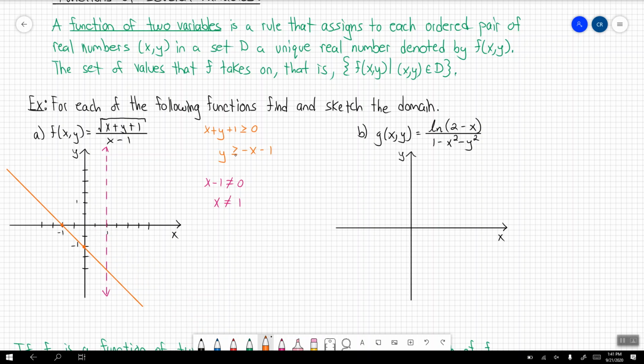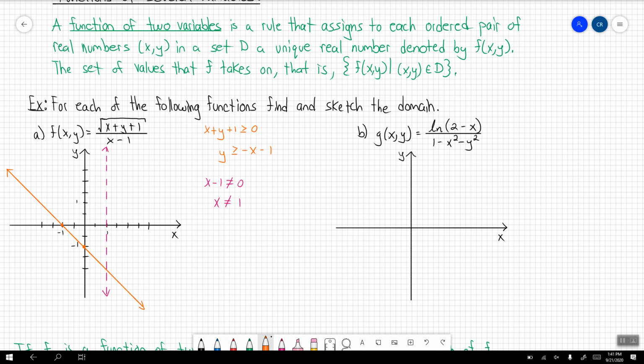If this line was, let's say, only y greater than -x minus 1, then this would be a dashed line. However, in this particular case, because we do have an equality here, we must do this as a solid line.